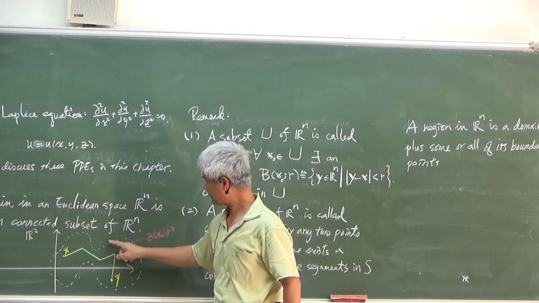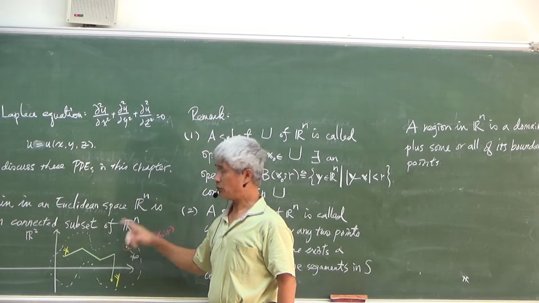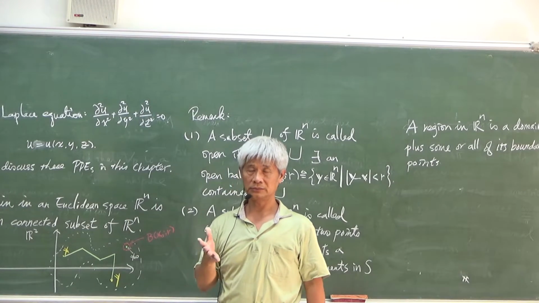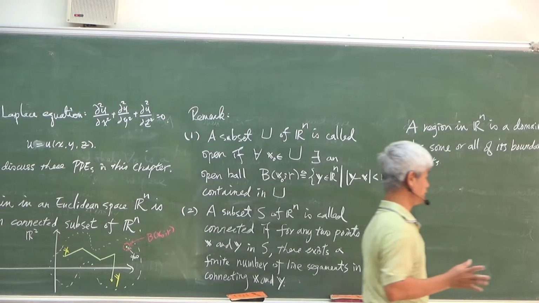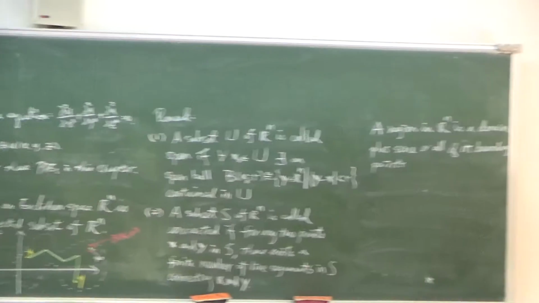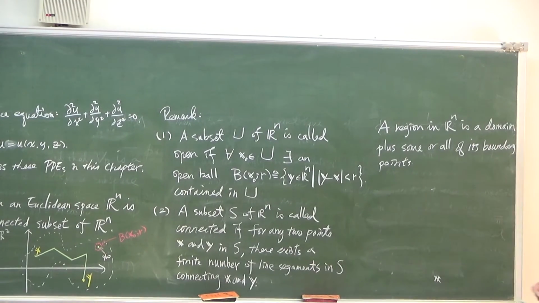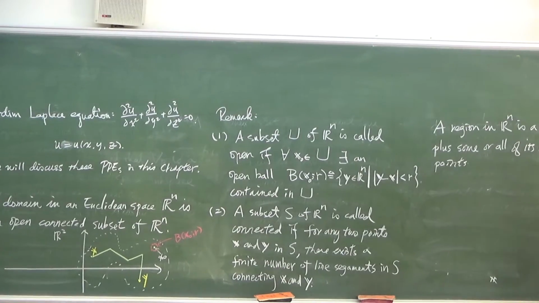When you include some or all of the boundary points, then you will have a region. I want to differentiate the two terms, region and domain. The domain is always open, but the region may not be open, because a region is a domain plus some or all of its boundary points.